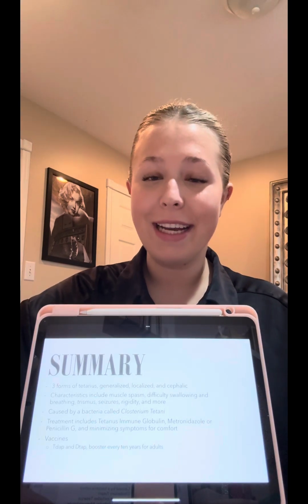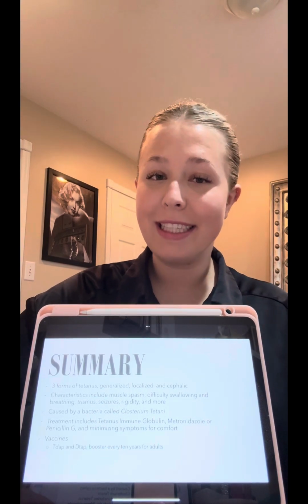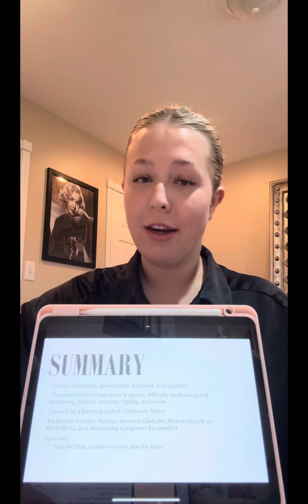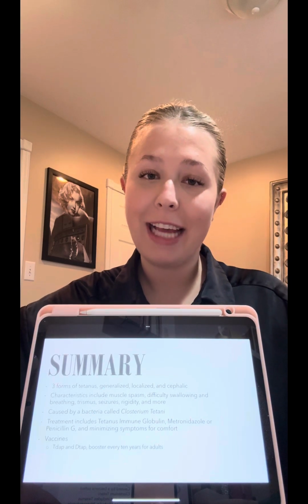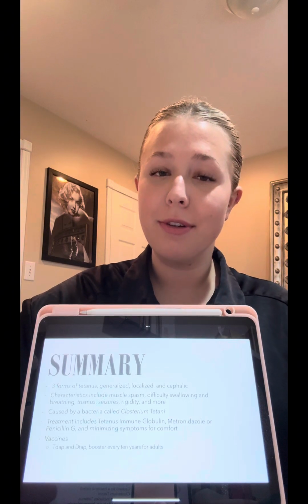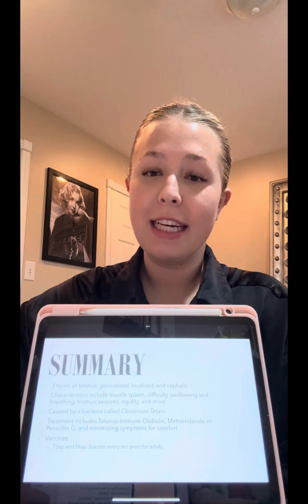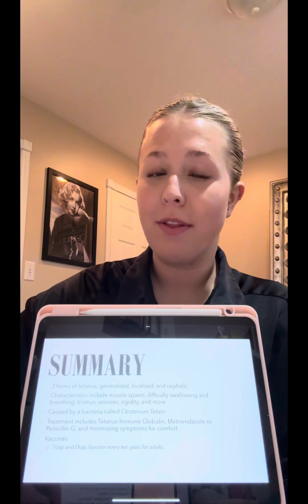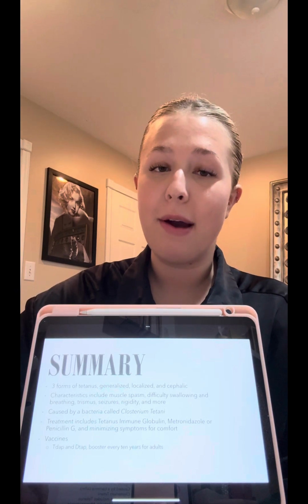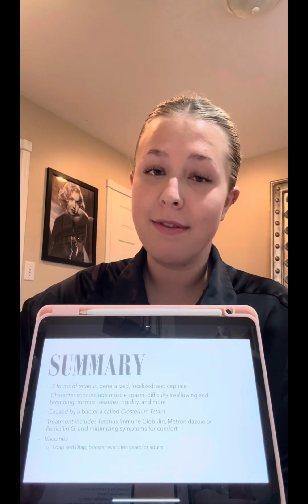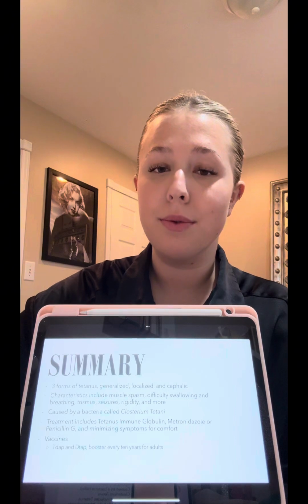To prevent tetanus, one should receive a Tdap and DTaP vaccine. Children younger than 7 will receive the DTaP vaccine, and children 10 years of age or older should receive the Tdap vaccines, and we talked about the ages earlier in the video that one should receive these. Adults should receive a booster every 10 years according to the CDC.